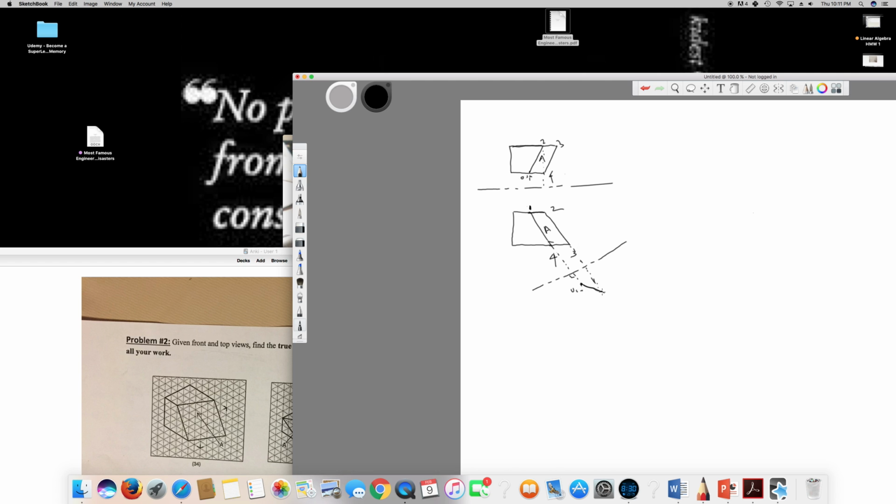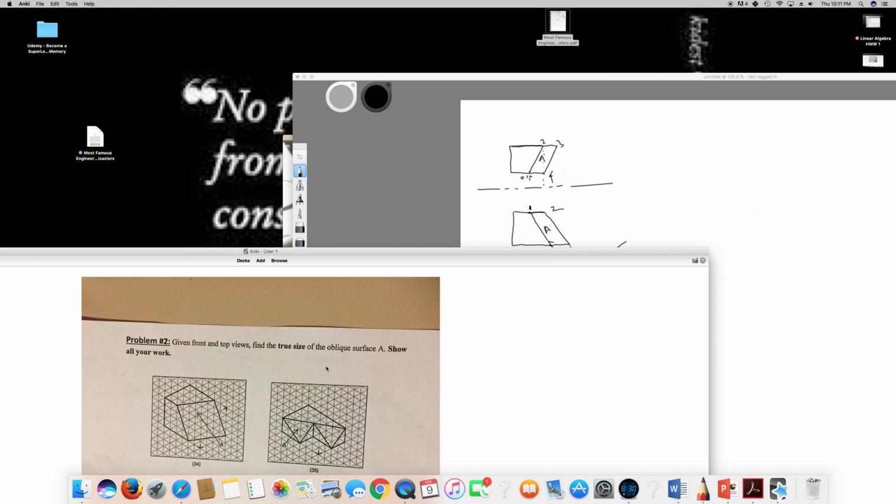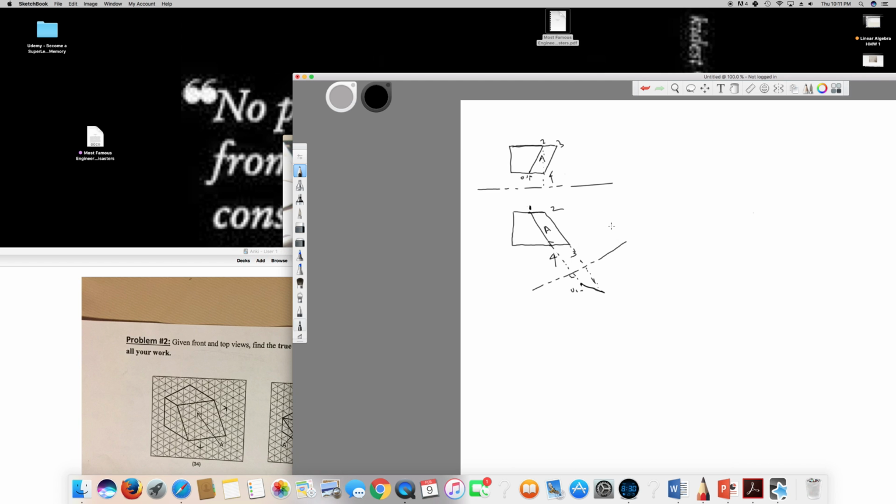So we are not done yet. What they are asking for is the oblique surface. Now we have the edge view. This is going to be our edge view. To find the oblique surface, this is our final question, we have to draw one more line that should be 90 degrees to the edge view.